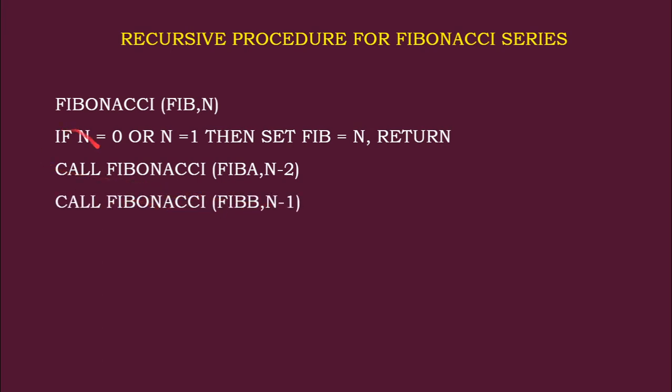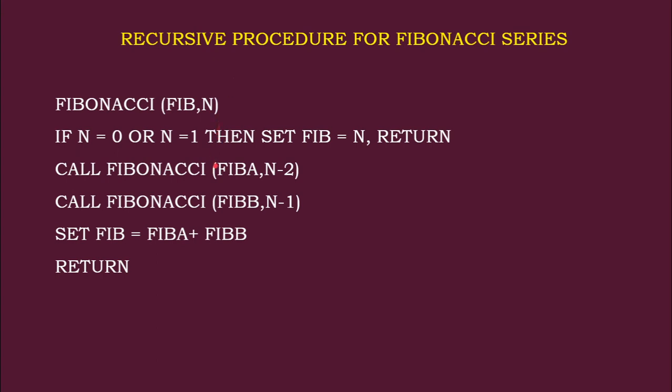That means when the successive calls are made, n minus 1 and n minus 2 are added to get the fib value. Then the values are exchanged. Set fib is equal to fib a plus fib b. That means the consecutive numbers are added to get the number in the series. So that's all, you have to return the function.